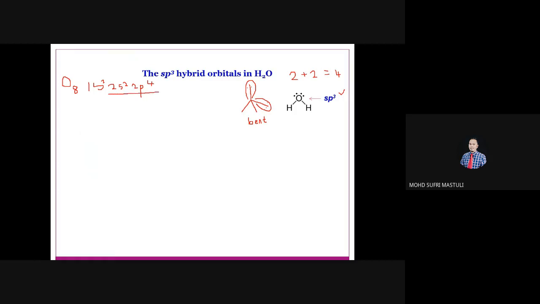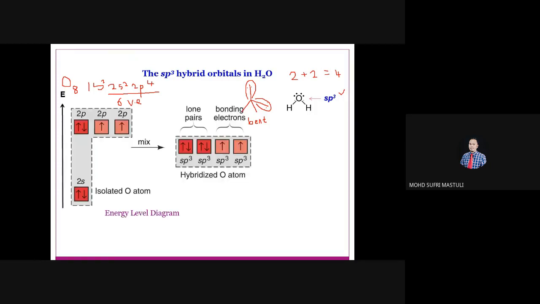So the atomic orbital has 6 valence electrons. This is why we have 2, 4, 6 valence electrons. So the energy level diagram of oxygen is 2s2, 2p4, 1, 2, 3, 4.